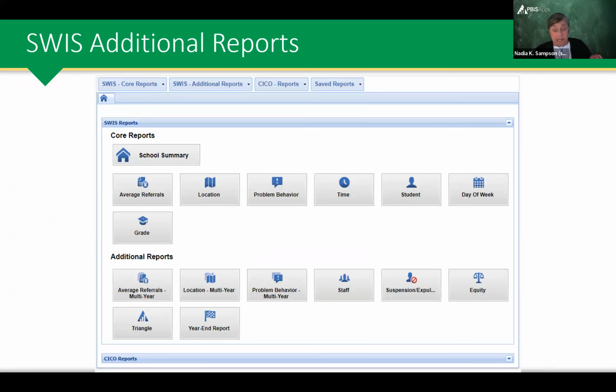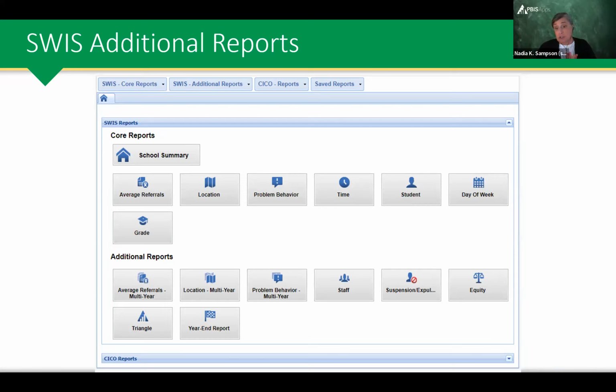Do we have disproportionality in our schools? Do we have a disproportionate number of students on IEPs getting office discipline referrals and being excluded? Are Black students being referred disproportionately? Are Asian students? We can gather that information and get really precise about what's happening and get to the who, what, when, where, and why those things are happening.